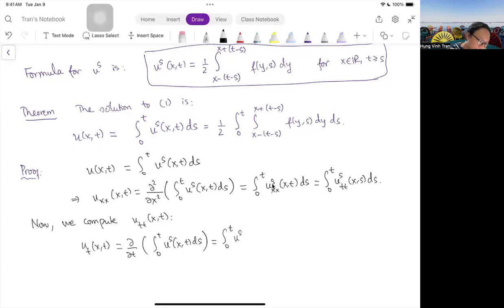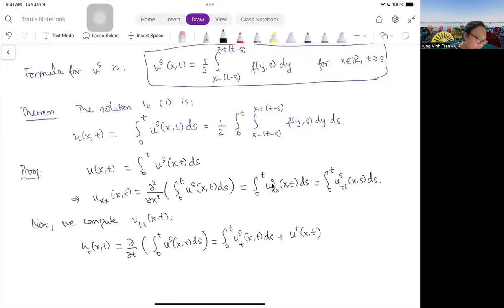I would have u^s_t(x,t) ds, and it appears on the integral too. So if I differentiate on the integral, by the fundamental theorem of calculus, I would have u^s(x,t) evaluated at s equals t, which is u^t(x,t).